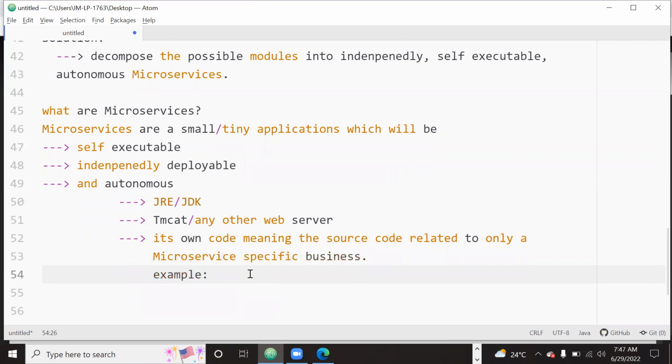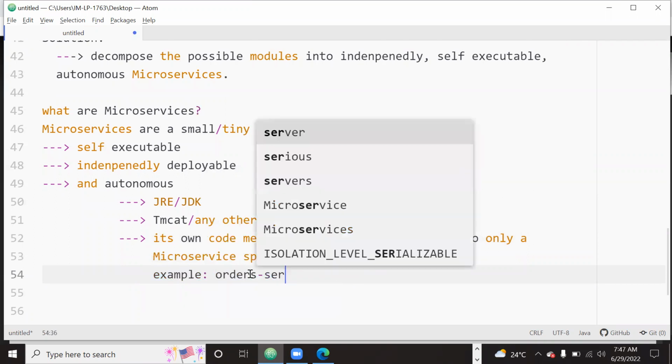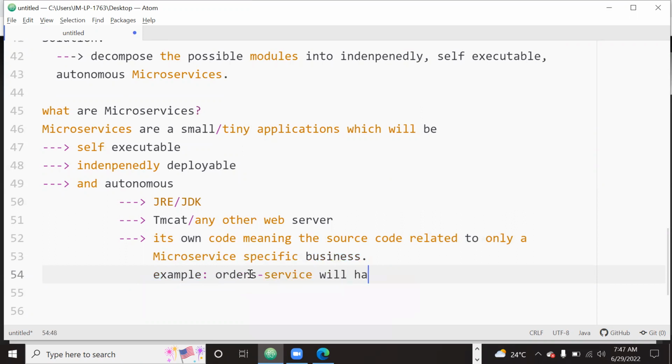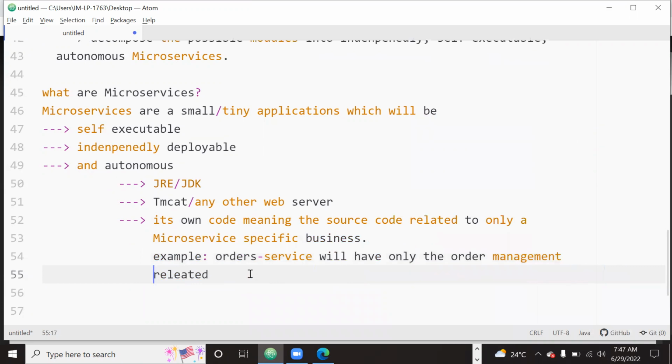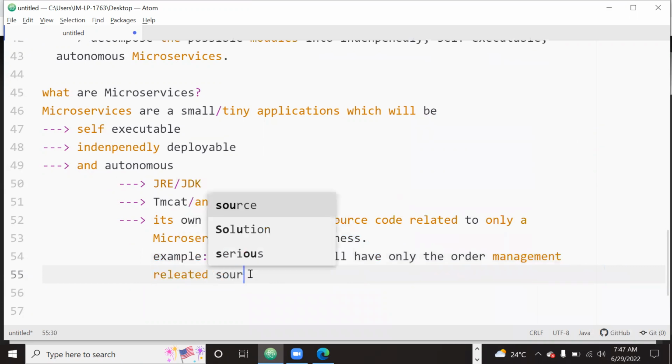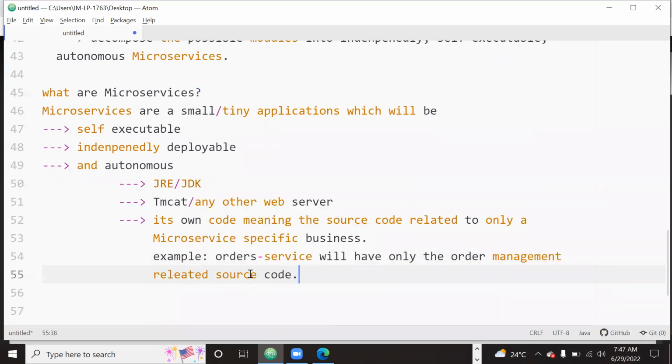What does it mean? For example, the orders service will have only the order management related source code. Similarly, product management will have only the product management related source code.